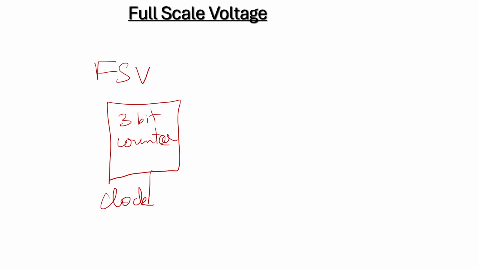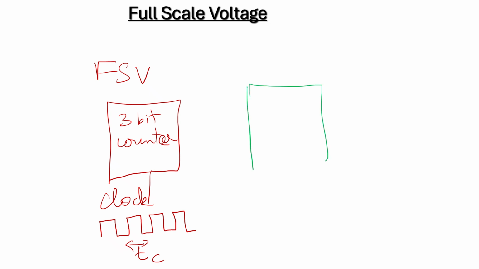On the trigger of this clock pulse for a particular time TC, the output of the 3-bit counter, the A, B, C values, are fed to a 3-bit DAC.